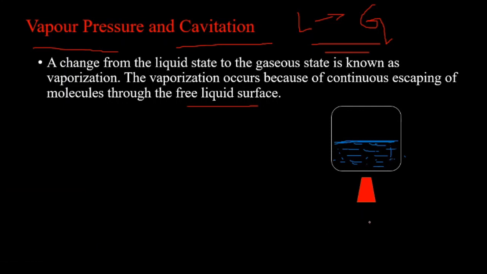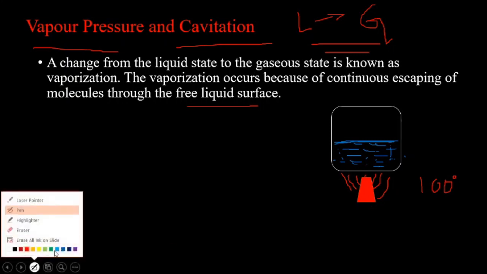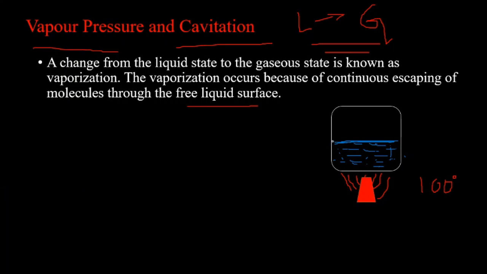Whenever this system, a closed container half filled with water, is heated at 100 degrees centigrade, at boiling point, what happens? Vaporization starts. When vaporization takes place, molecules escape from the free surface of the liquid.